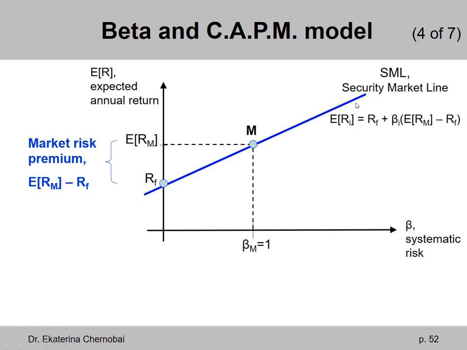What else can we say about this graph? Along the vertical axis, we marked 2 points earlier, the expected return on the market and the risk-free rate. The difference between the two, whatever that is in percent, is the market risk premium. It's actually by definition the risk premium on the market portfolio. By definition of what risk premium means, which we saw in our previous chapter.